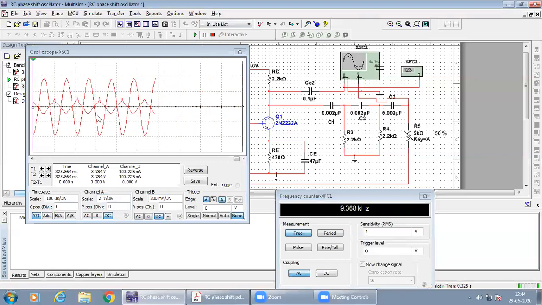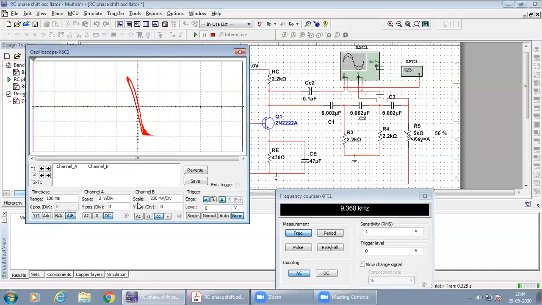Approximately, you can observe that there is a 180 degree phase shift between both the signals. It's almost a straight, vertical line, which shows that there is a phase shift of 180 degrees between both the signals. Throughout this, we have not changed the pot. Once it is fixed for a particular frequency, it should remain where it is.